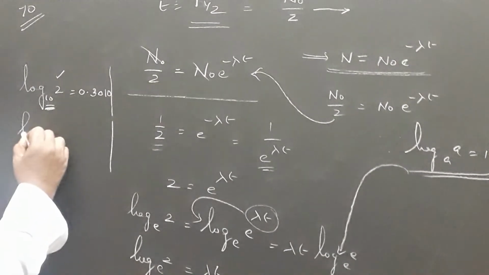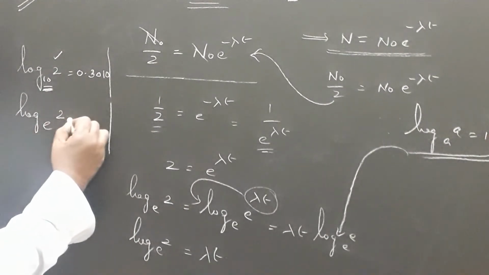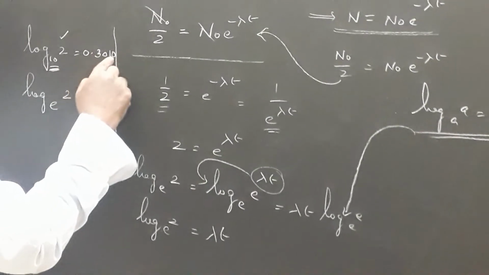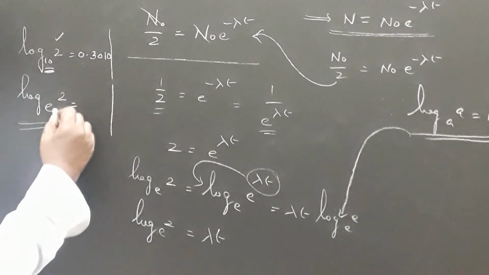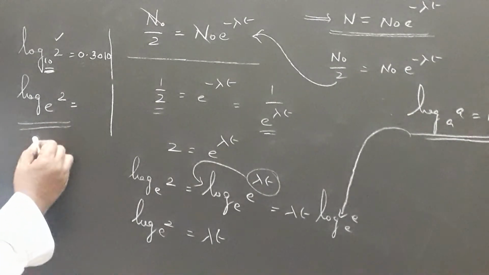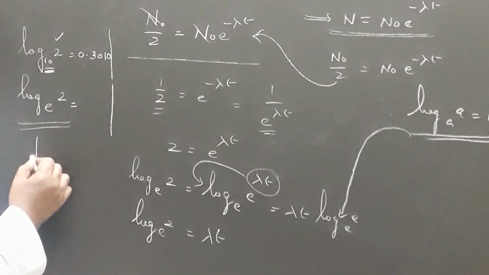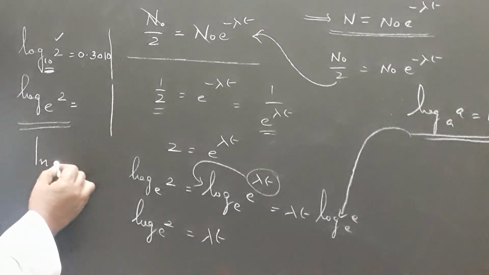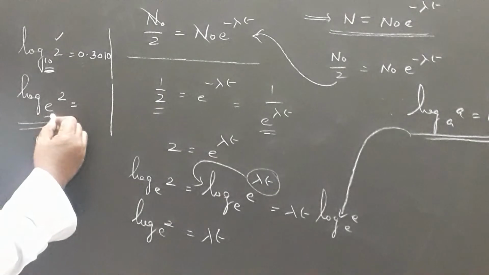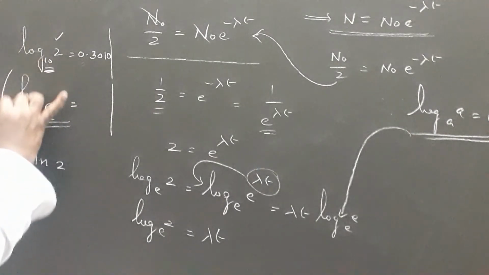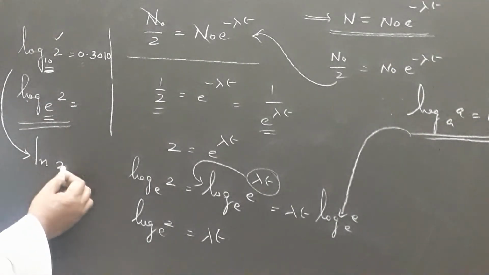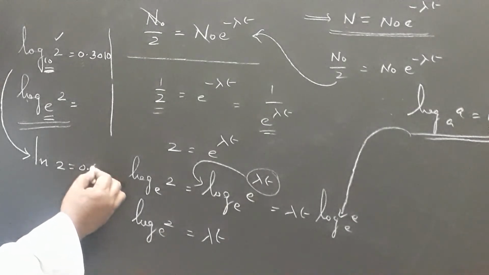If you say log of 2 base e, what is its value? This is the natural log, the natural log of 2, which is equal to 0.6931.